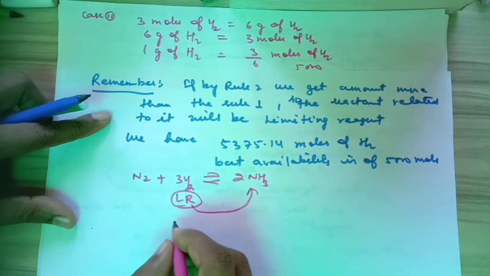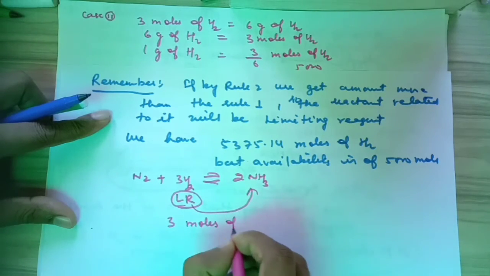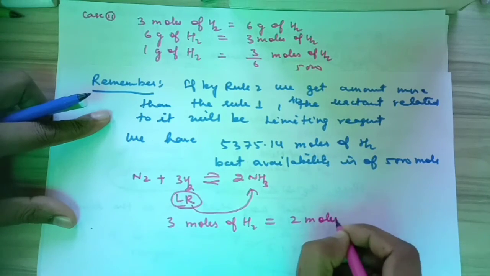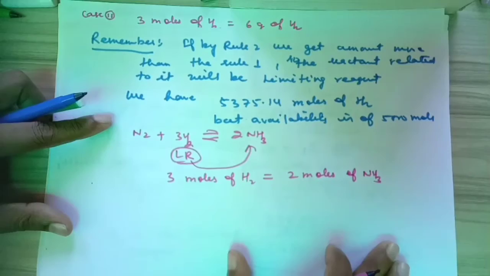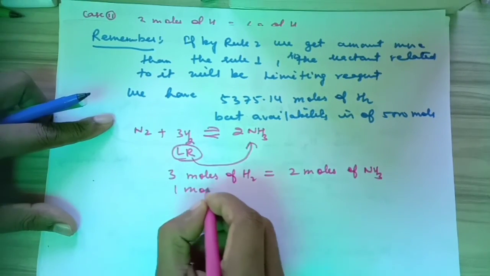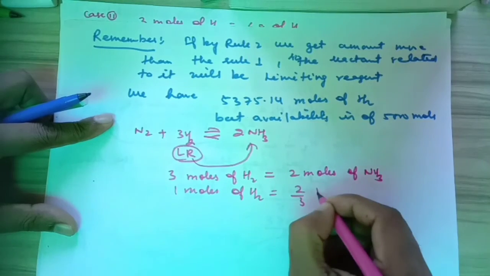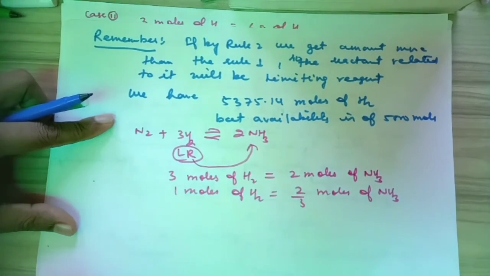So now use this information: 3 moles of hydrogen will give 2 moles of NH3. So 1 mole of H2 will give 2 by 3 moles of NH3.